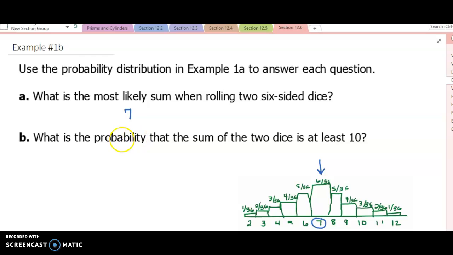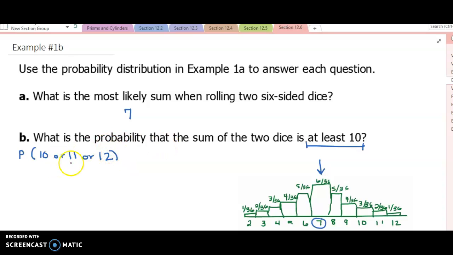Okay, and then part B says, what is the probability that the sum of the 2 dice is at least 10? Right, so this would be the probability of 10 or higher, so 10 or 11 or 12.